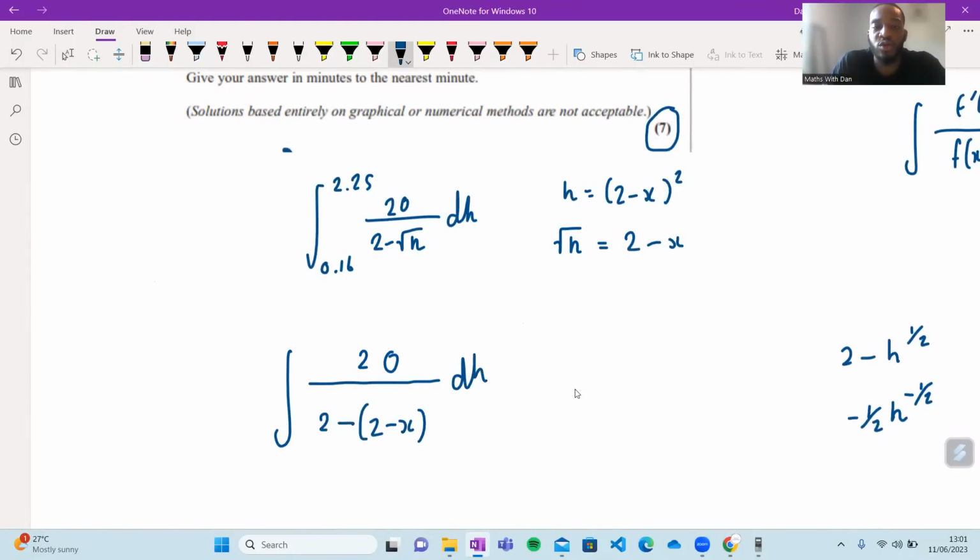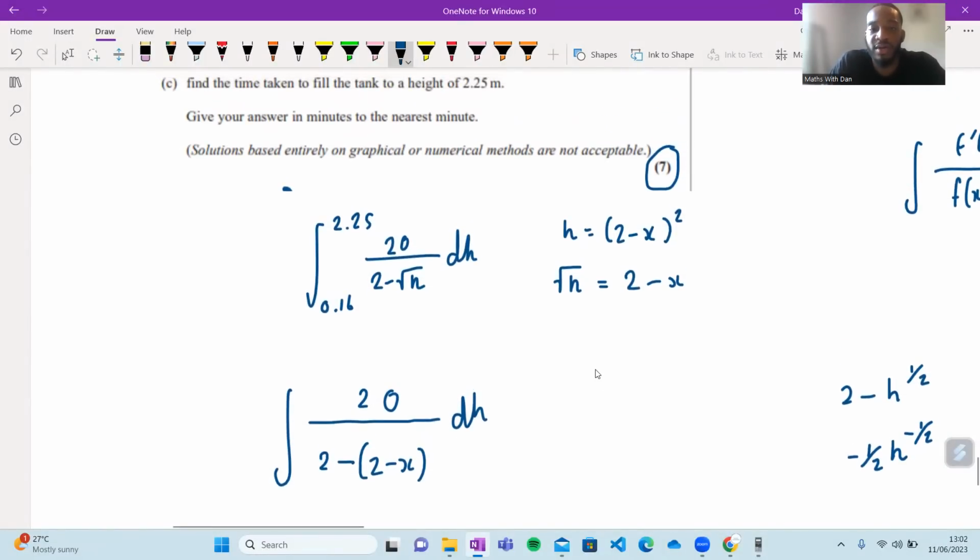Now, remember, when you're dealing with h, you need to get it all in terms of x, because this is the substitution. We need to differentiate, don't we? So we have h is equal to 2 minus x, squared. How do we differentiate this? This is just the chain rule. dh by dx, the 2 will drop to the front: 2 times 2 minus x, and the power goes to a 1.